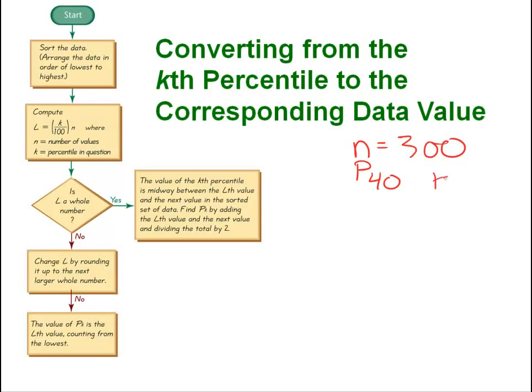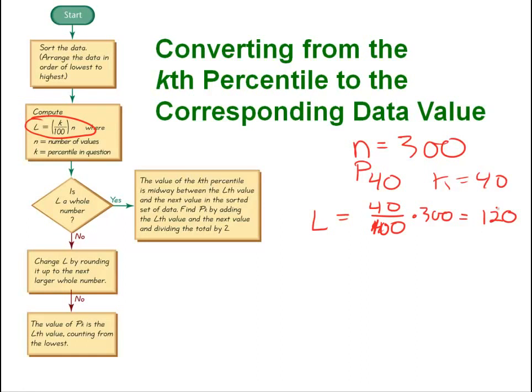So that means K equals 40. According to this formula, our locator is going to be 40 over 100 times 300, and we get 120.